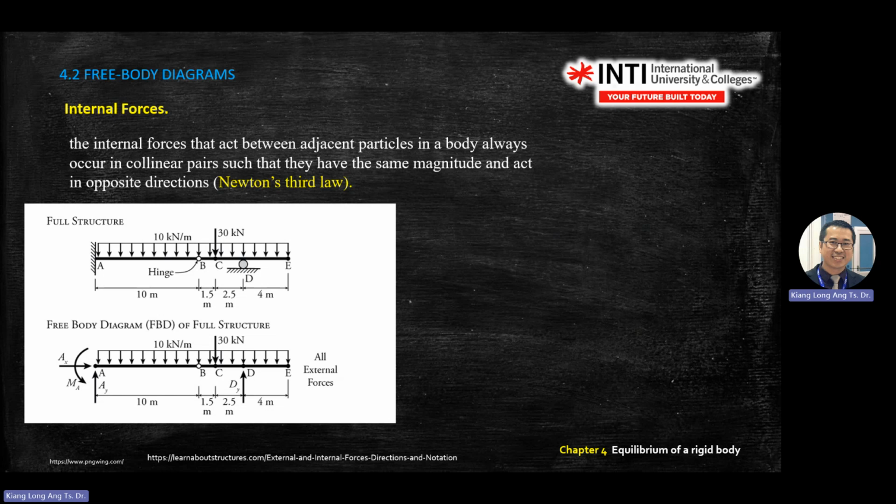For example, this one, 30 kilonewton, is a concentrated force. However, this one, 10 kilonewton per meter, acts from here to here. In chapter 3, we already learned about distributed load. But today we focus on the support.